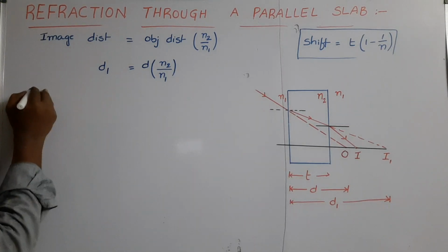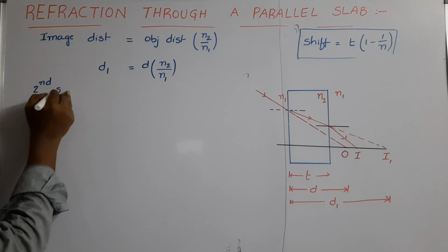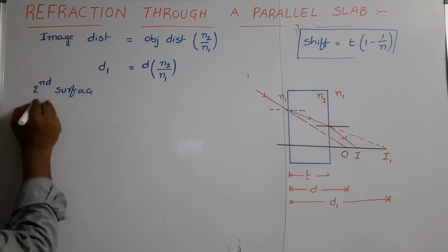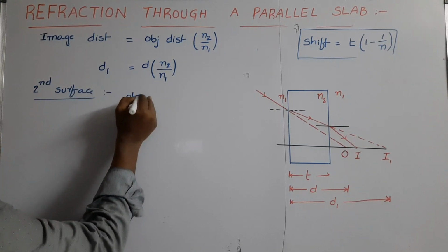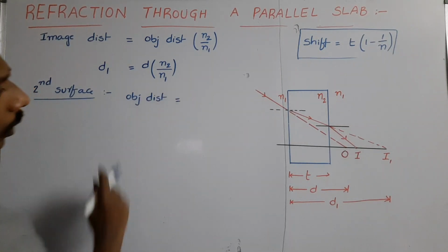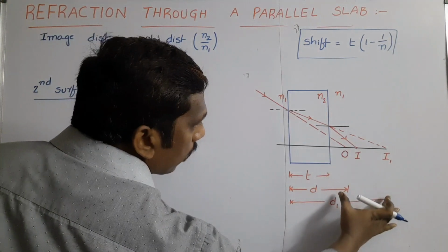So for the second surface, what is the object distance? From the second surface, this is the object distance.